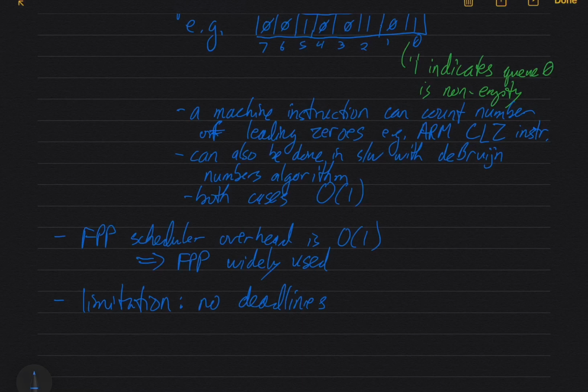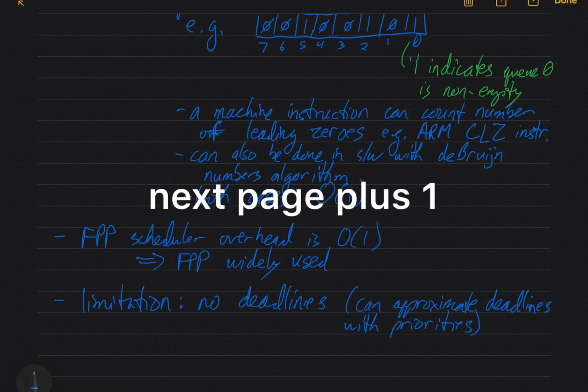Now we can approximate deadlines with priorities. And how, you might ask? Well, that's going to be on the next page. It's called rate monotonic scheduling.